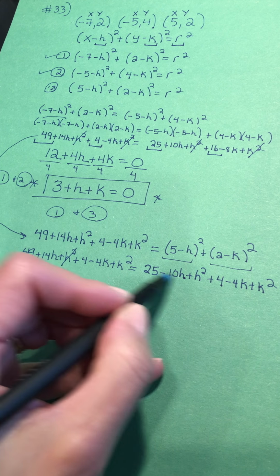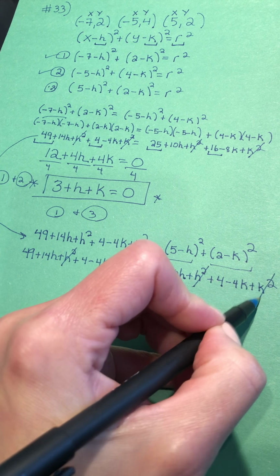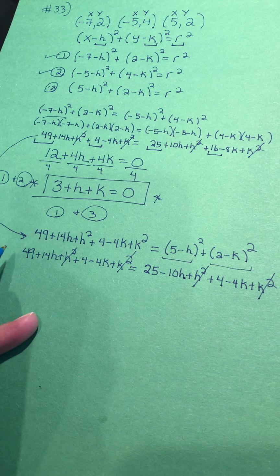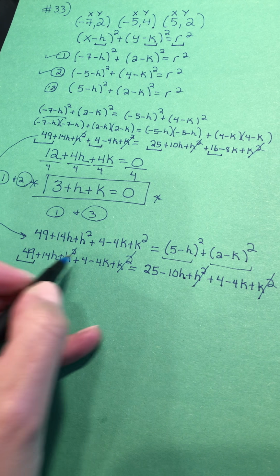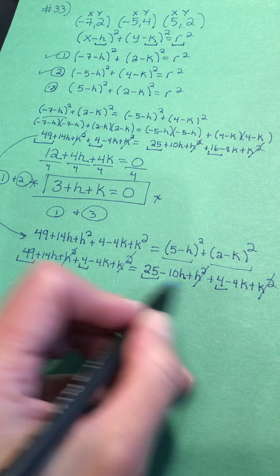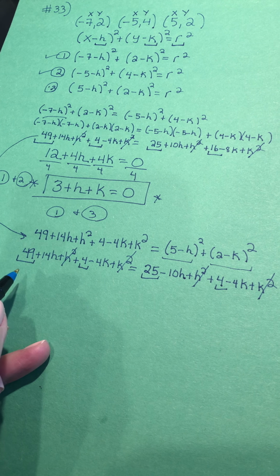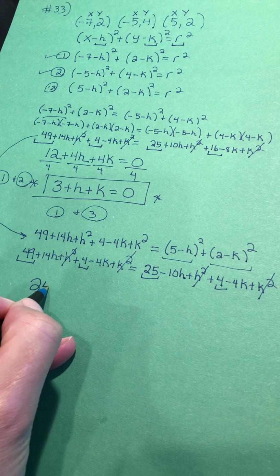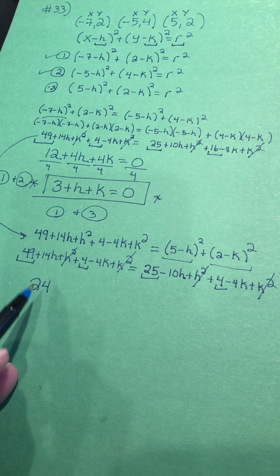Again, you'll notice the h squareds and the k squareds cancel, and we can do similar logic. We're going to put all the terms on the left. So I have 49 plus 4, that's 53, but I'm going to subtract a 29, and that's going to give me 53 minus 29 is going to give me 24 on the left-hand side. Okay, then I'm going to get all the h's together.